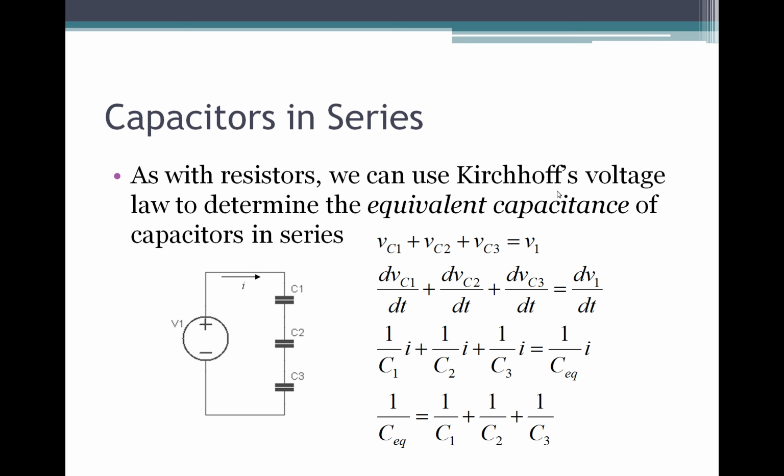We can also use Kirchhoff's laws to determine the equivalent capacitance of capacitors in series. And we see that capacitors in series combine like resistors in parallel. So the equivalent capacitance is determined through the reciprocal addition of all of the capacitors that are in series with each other.